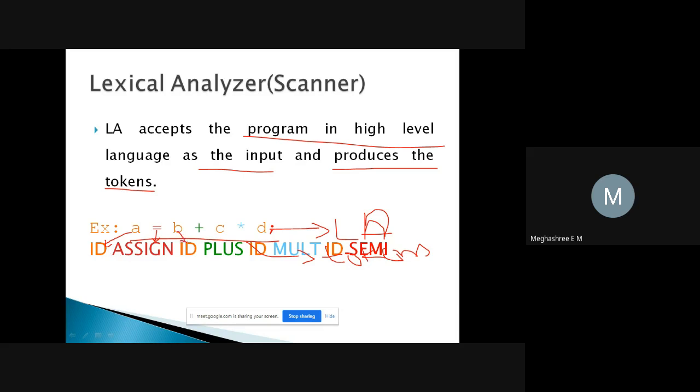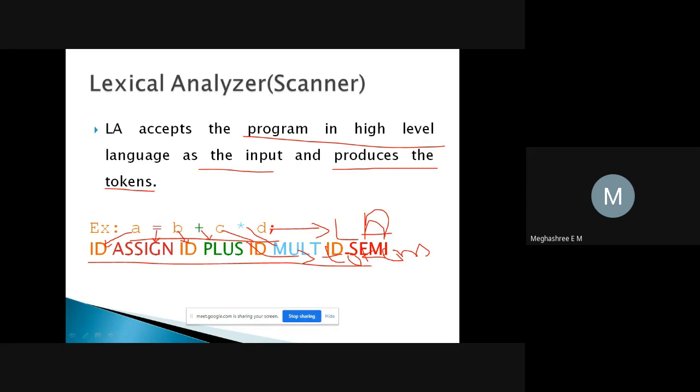B is also an identifier, then plus. Then C is also an identifier. The multiplication symbol is represented as mult, D as ID, semicolon as semi. So if I feed this instruction to the lexical analyzer, this is the output of this phase for this expression.